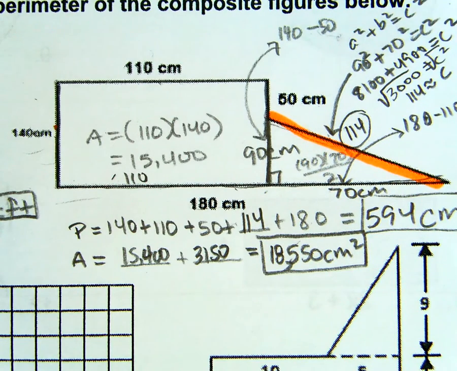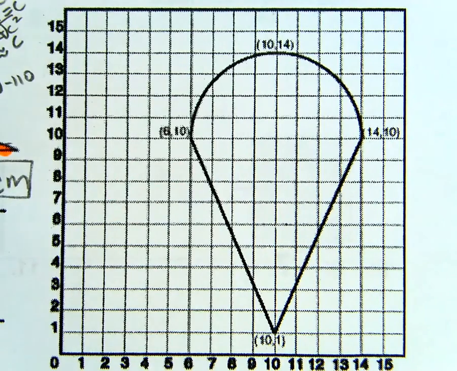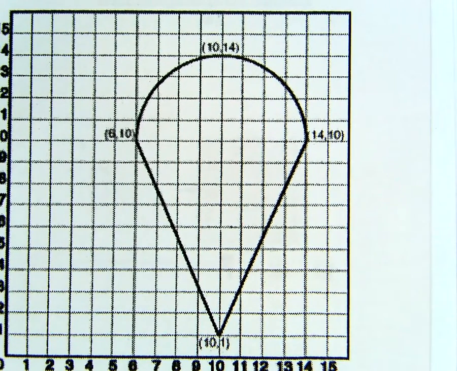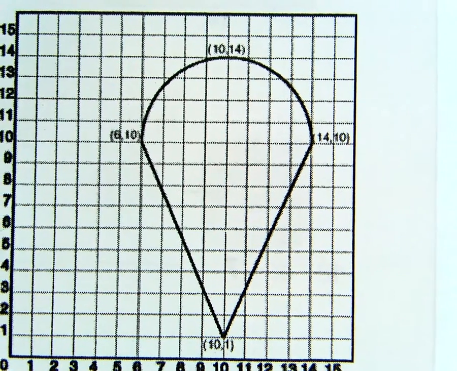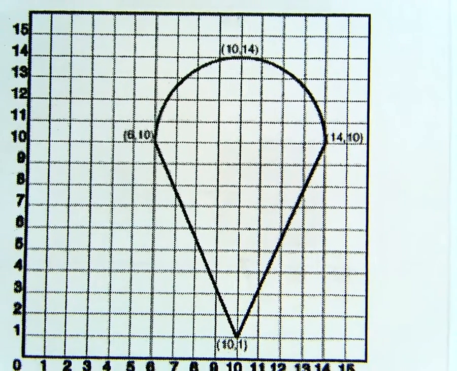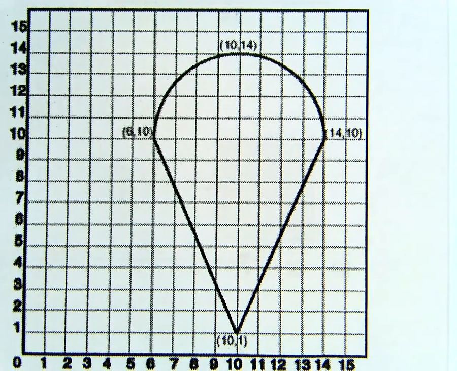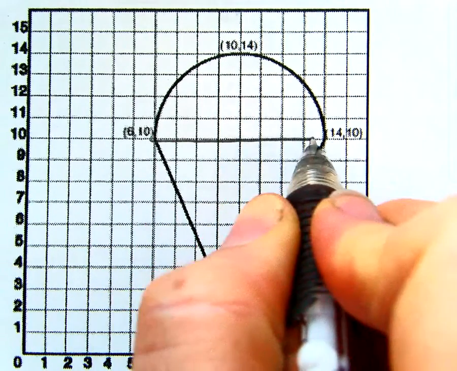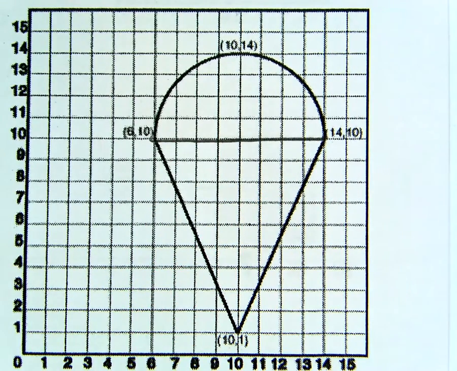All right, next question. Looks like an ice cream cone. So I'm wanting area and perimeter of this guy. All right, so just looking at this, I'm just going to think about it like an ice cream cone.